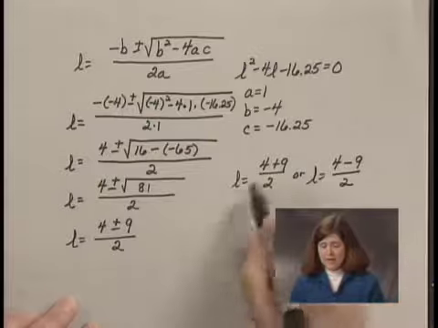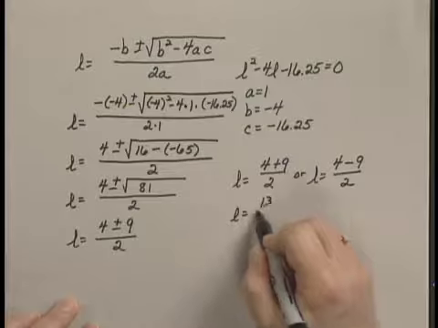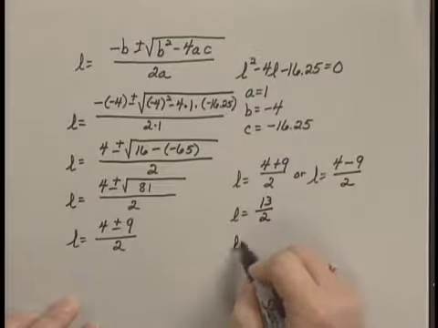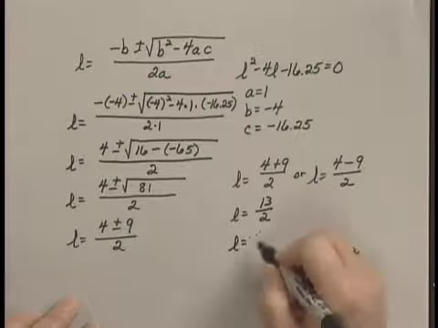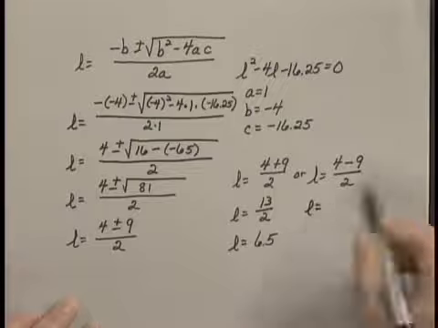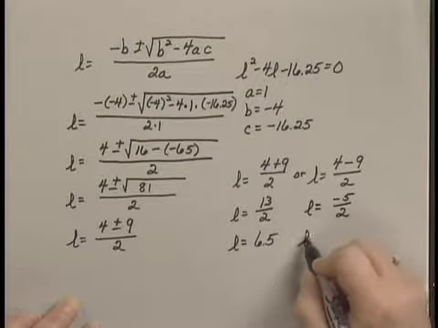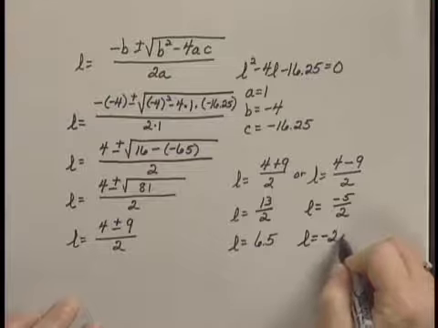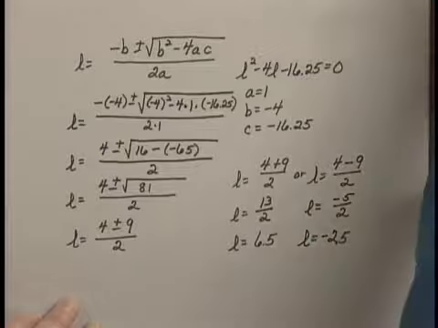In this case, I have L equals 13 over 2, or since we had 16.25 in decimal notation, I'll write this in decimal notation, 6.5. Here I have L equals negative 5 over 2, or L equals negative 2.5. So I have two possible solutions for L, which, as you recall, is the length of the rug.